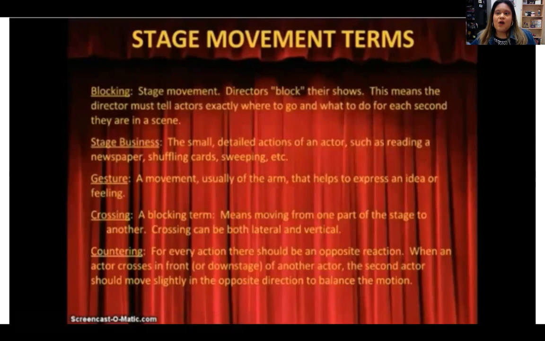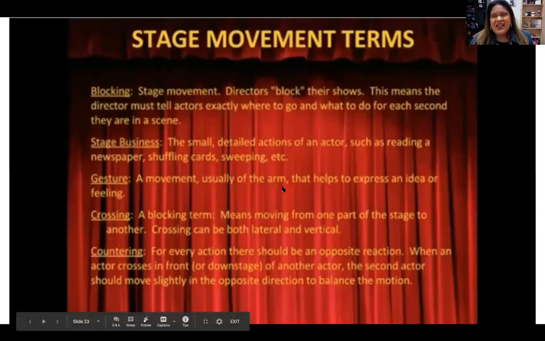So that means walking from one side of the stage to the other, moving from a chair to maybe a couch or something else like that, running across the stage, anything that is like a large movement. Directors block the shows. And so what that means is if you are in a performance or in a play, as the director, I'm going to tell you exactly where I want you to go on stage. And that is called blocking.